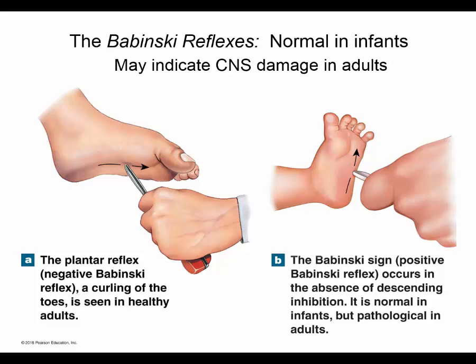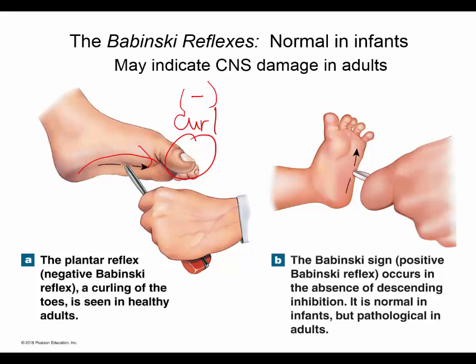If you are a normal adult with normal descending motor pathways and you rub the lateral sole of the foot, your toes will curl. That's a normal Babinski reflex, or a negative Babinski. That's supposed to happen in an adult.